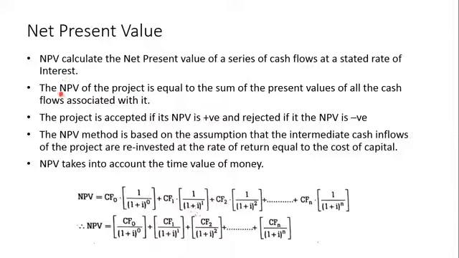Net present value of a project is equal to the sum of the present values of all the cash flows associated with it. Suppose there are cash flows in 2011, 2012, 2013, and we have to know the exact cash flow as of 2020.